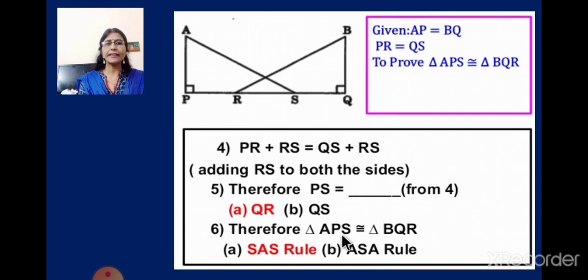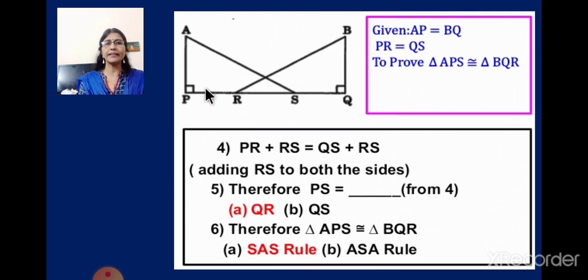Therefore, triangle APS, you can see here, this is the triangle APS, which is equal to triangle BQR. And they are congruent by which rule? Now you are very clear. SAS or ASA rule? They are congruent by SAS rule.